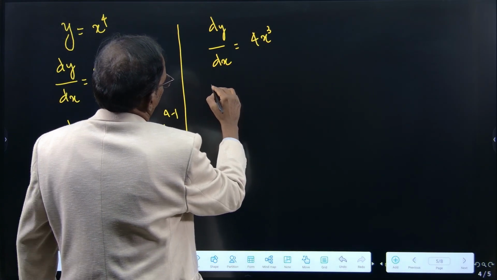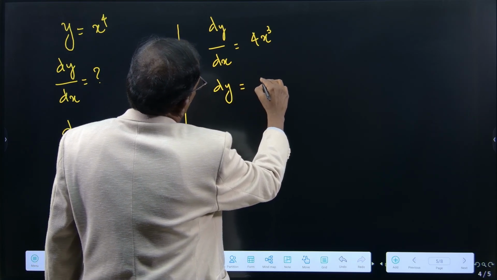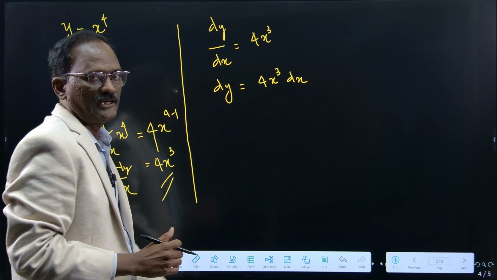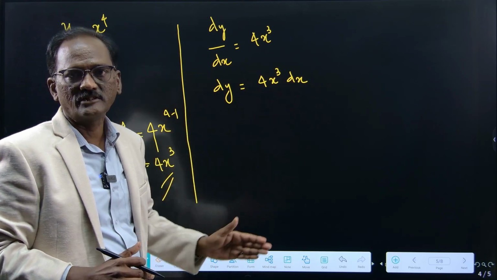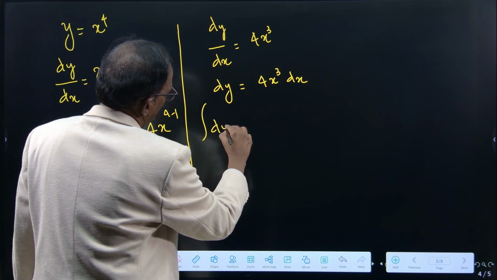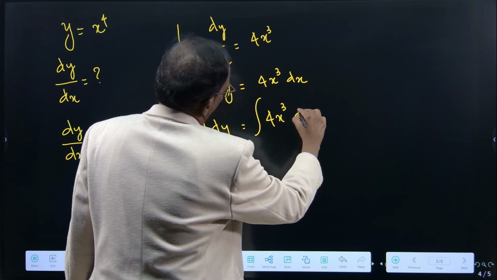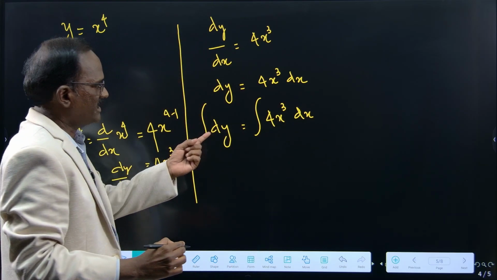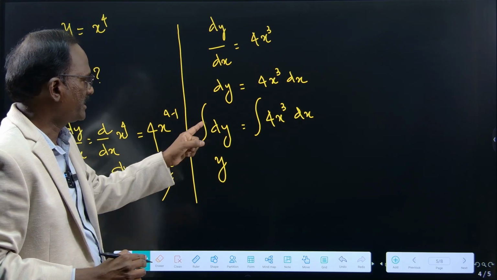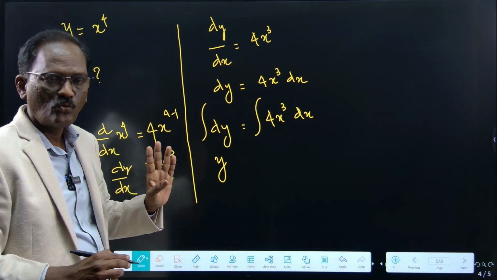So cross multiply it. dy is equal to 4x cube dx. I am bringing y one side, x one side. Separation of variables. Then you integrate both sides. Integral of dy will be y only, because a number 1 is here, if you integrate it, it will give you y only.